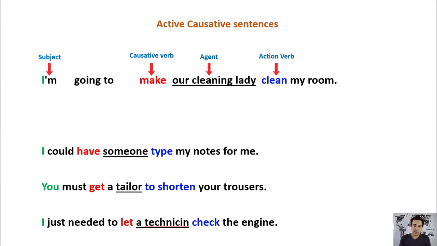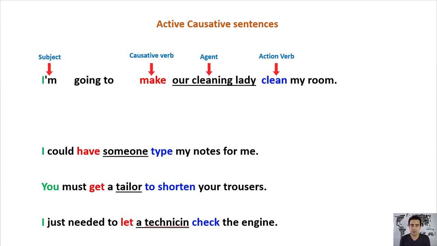I have made some changes. The one in the conversation was "ask our cleaning lady to clean my room," but this sounds a little bit more arrogant. To make someone do something for you means just to force someone to do it or put some obligation for that task.